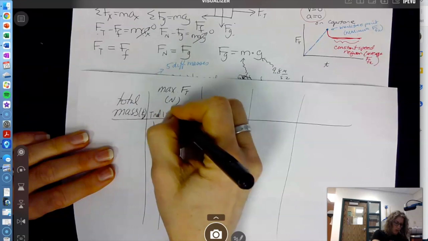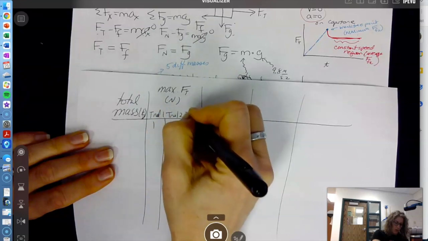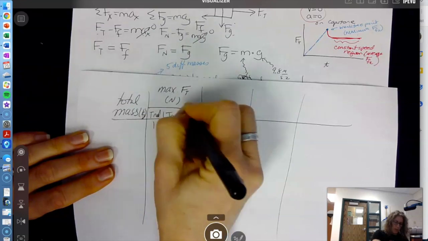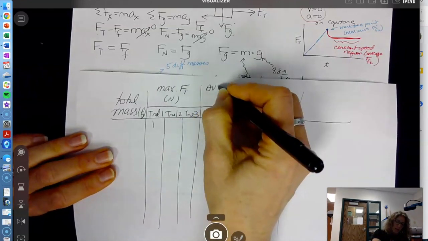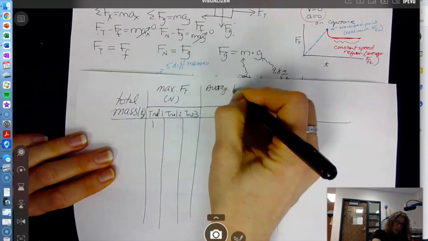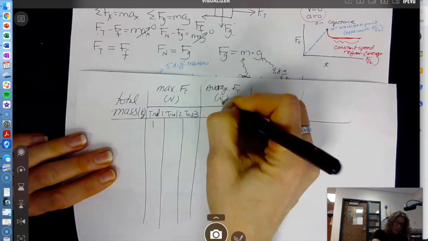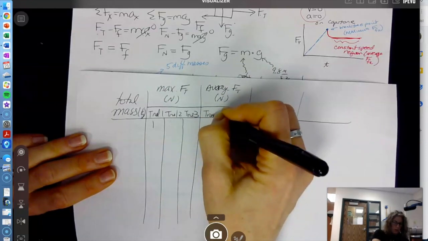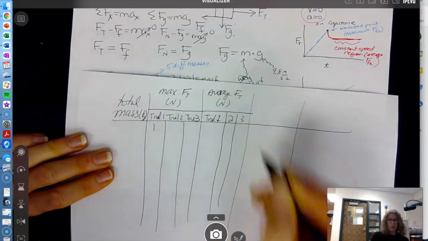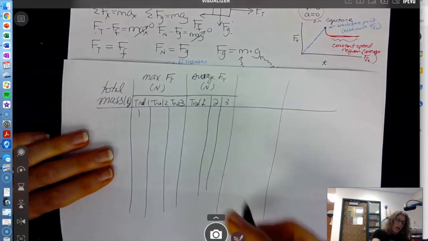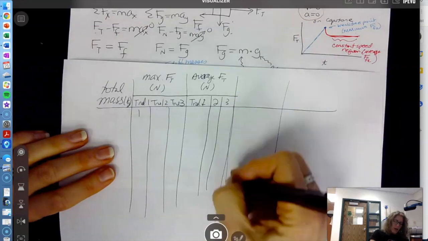Trial 1, trial 2, trial 3. And then we're going to need our average tension force in newtons. And again, we're going to do trial 1, 2, and 3. And that's going to be your data collection.